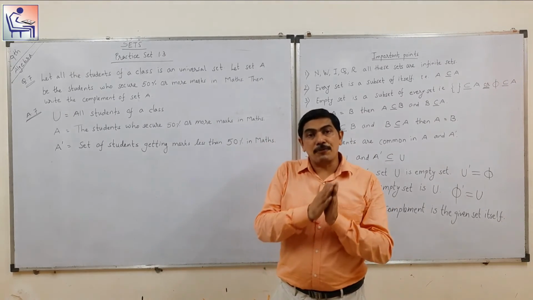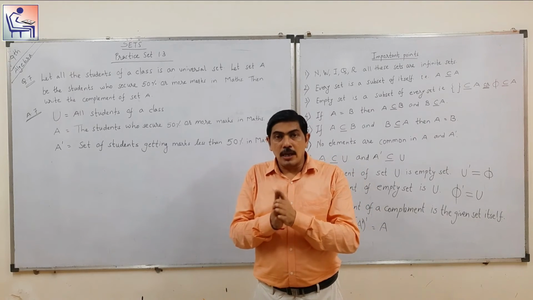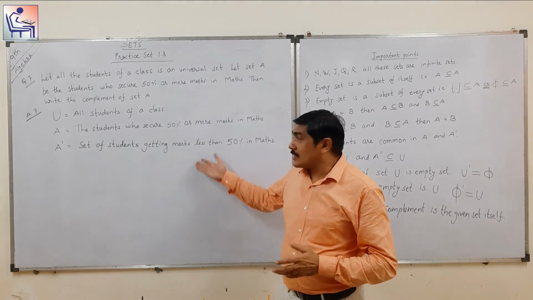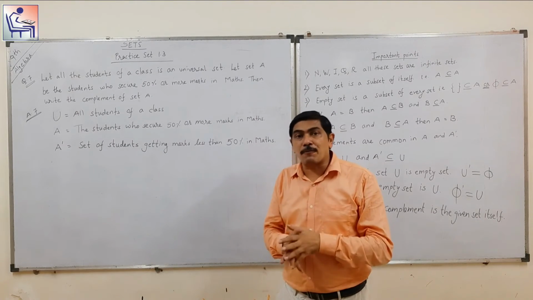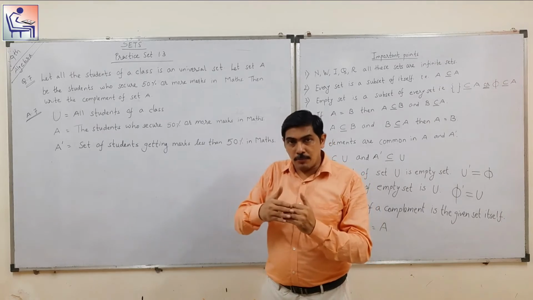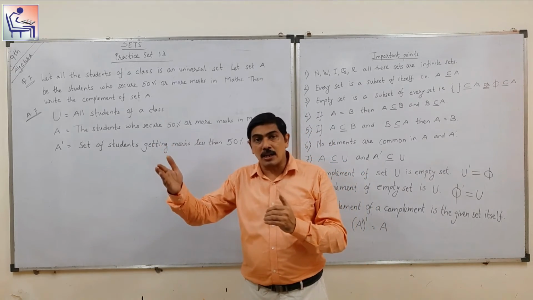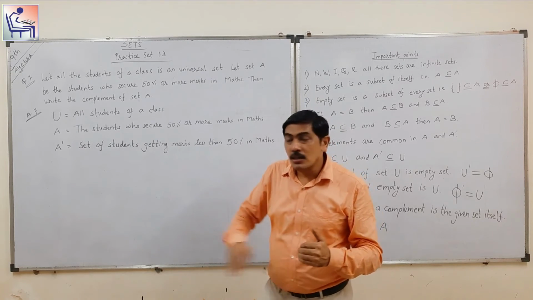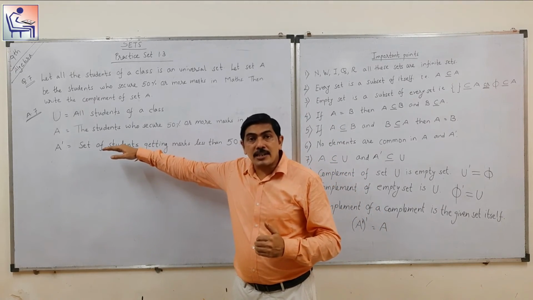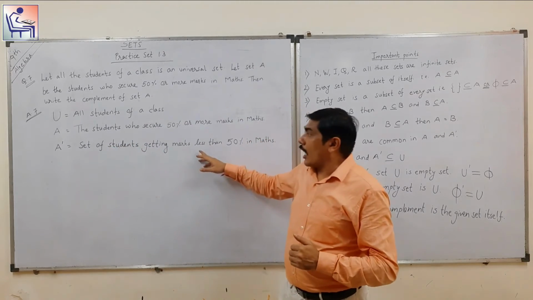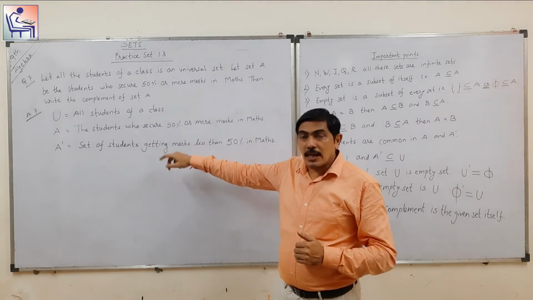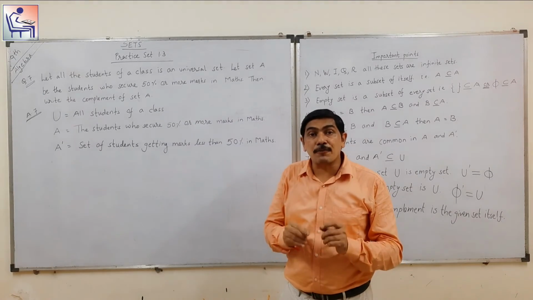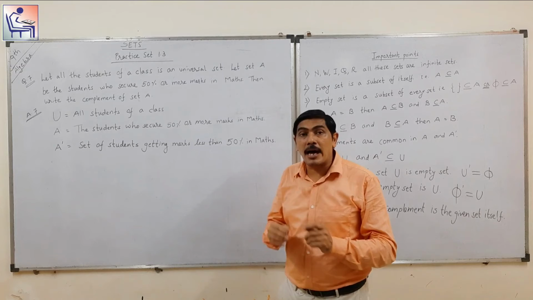So जब हम कहते हैं कि 50% or more, it means उसका complement होगा set of students getting marks less than 50. अगर हमने set A में 50% और more cover किया है, तो 50% से less कहां पे cover होगा? Complement of set A में. So यहां पे what is the complement of set A? Set of students getting marks less than 50% in maths.